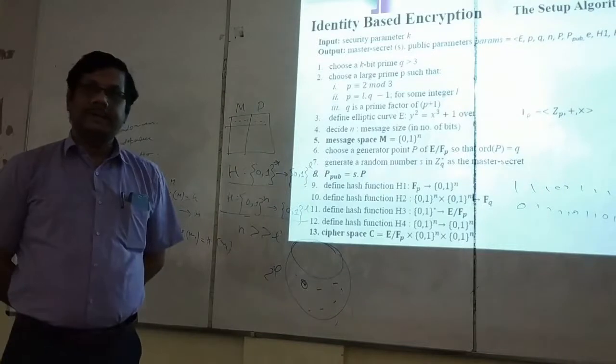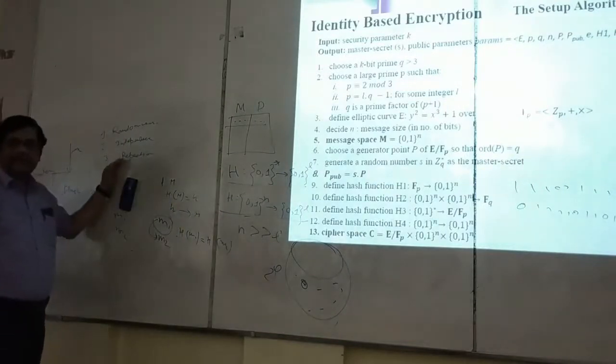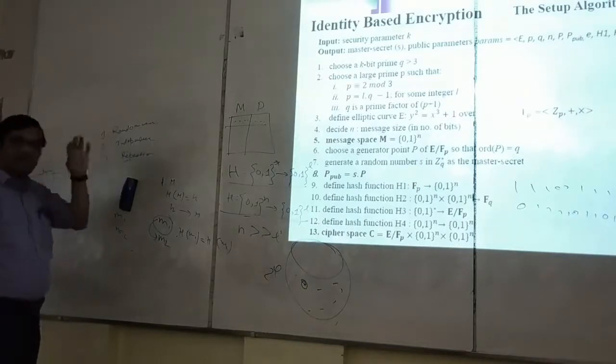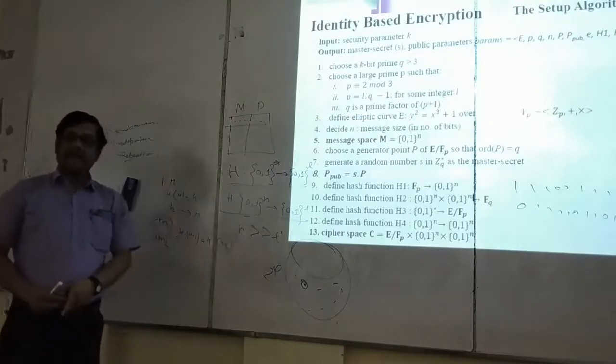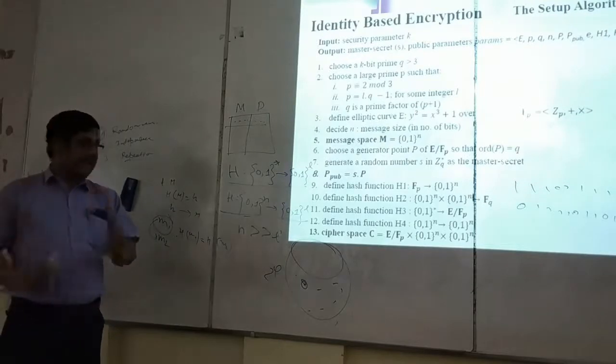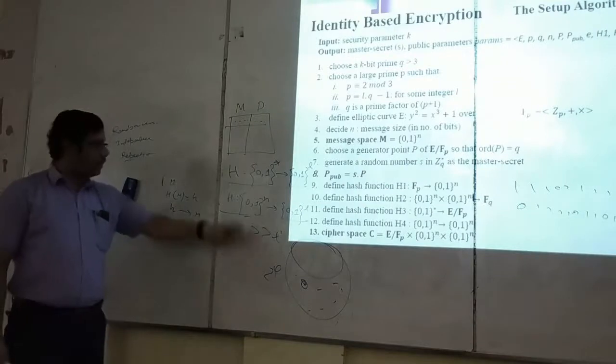Now let us forget about the third property. If it is a deterministic algorithm, then the third property must be satisfied. So the first two properties are very important, randomness and independence. In general, for a hash function, the input domain need not be {0,1}^n or {0,1}*.